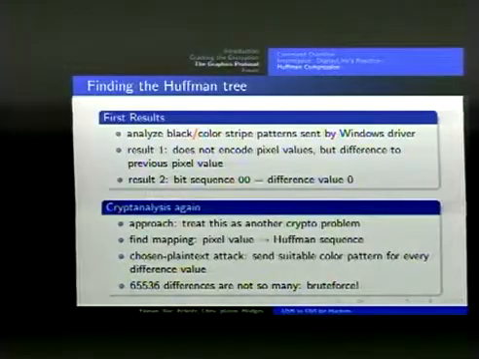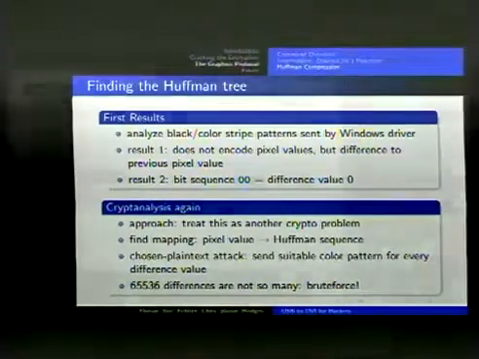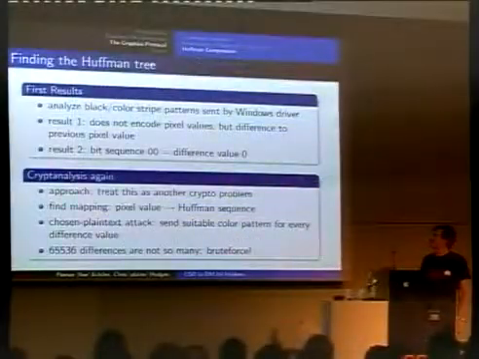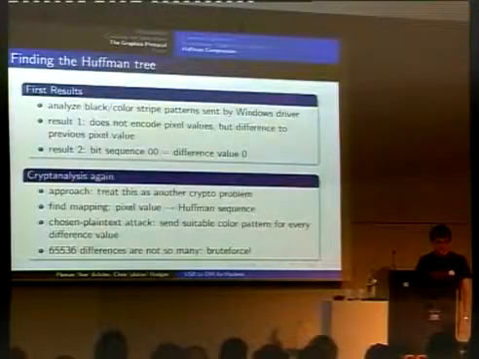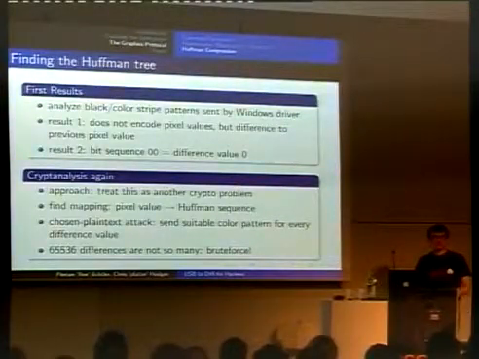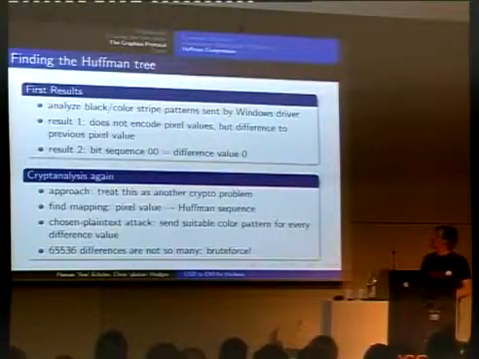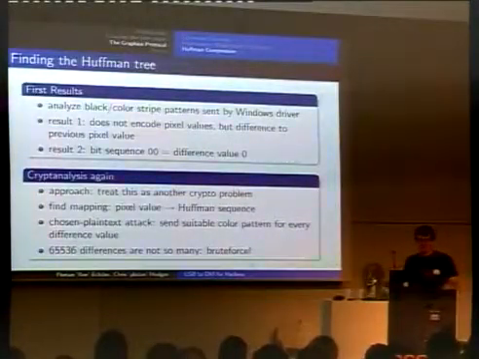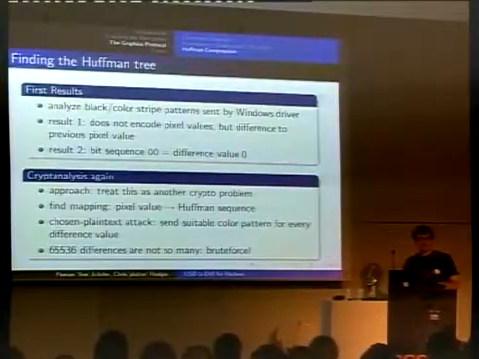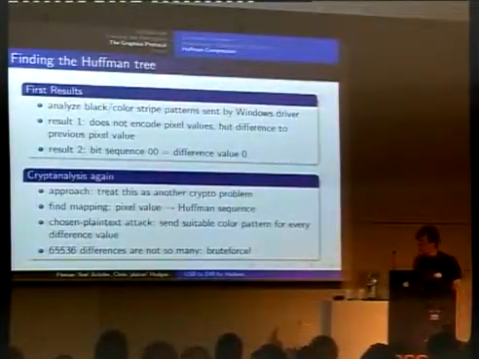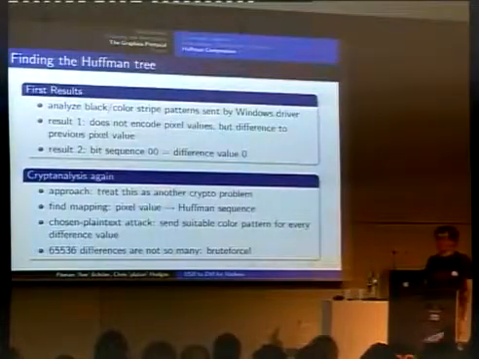The second finding was that a bit sequence of 0 bits encodes a difference of null. So this is also in Huffman compression: shortest sequences correspond to the most frequent numbers. And of course, in images you often have runs of similar color, so 0 is the most common difference value.